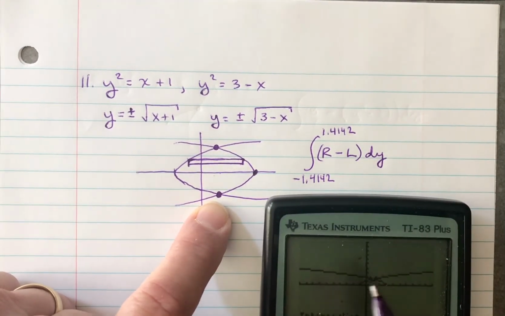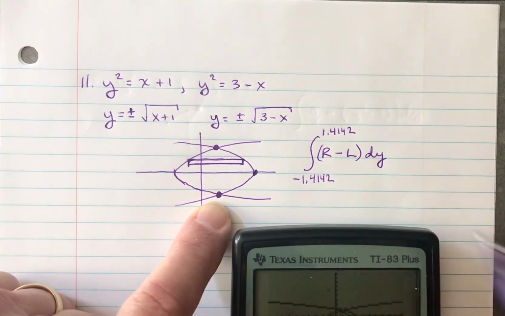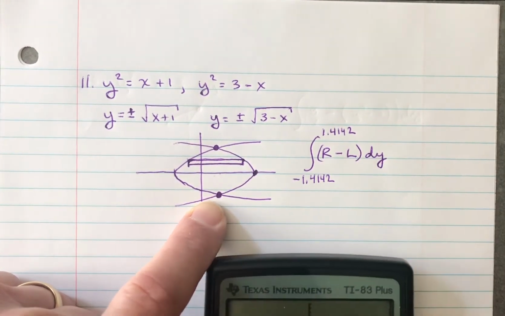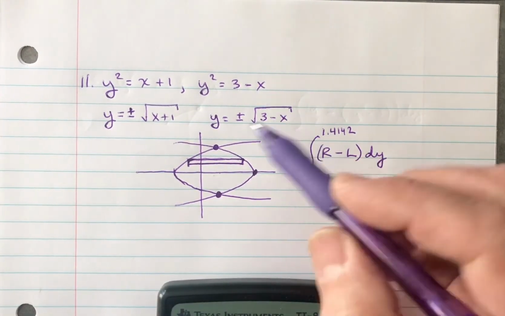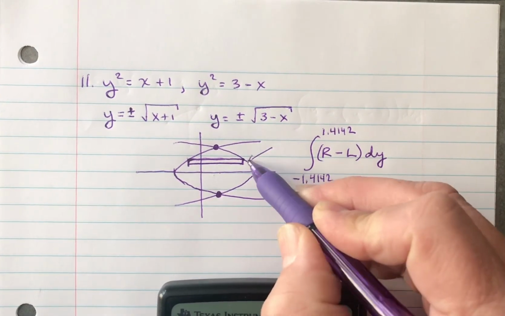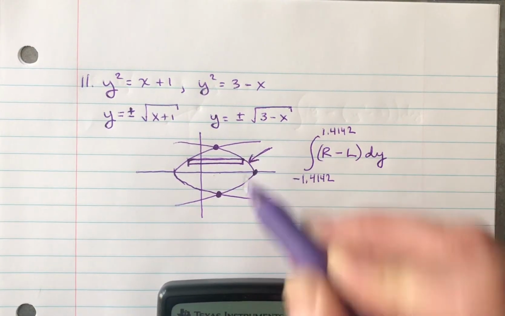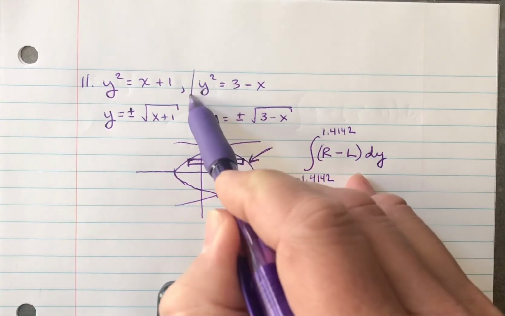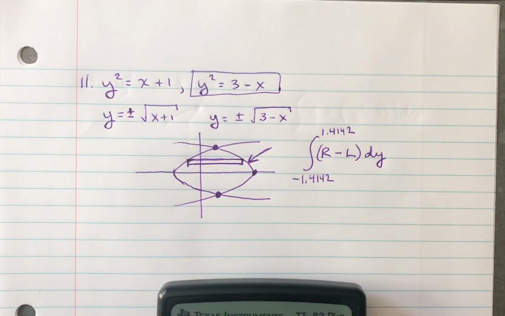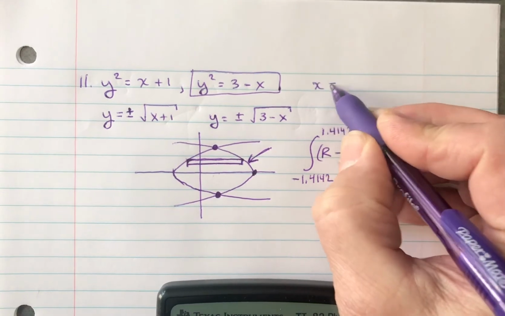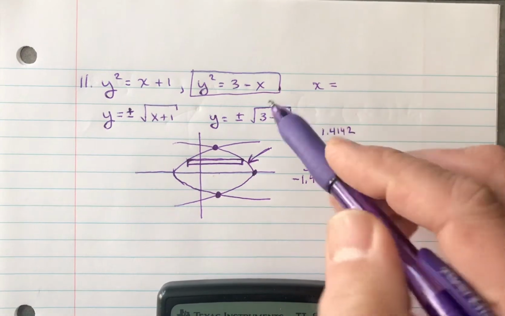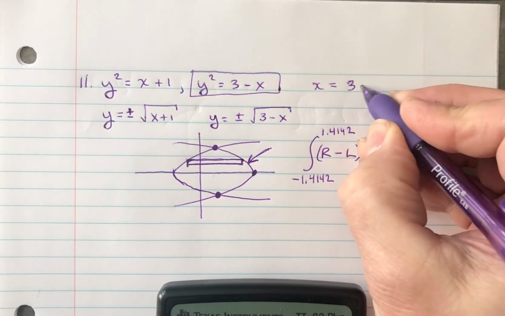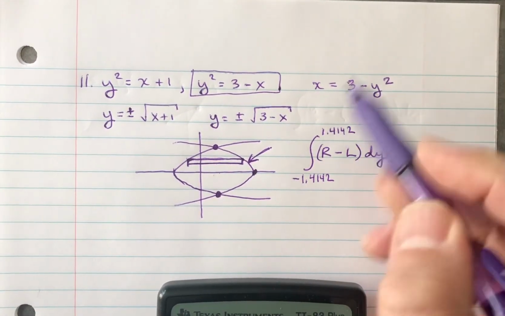Now, if you want to verify that, you can graph the other parts of the parabolas, and you can actually verify that. Okay, now the next part's a little bit tricky because this parabola on its side comes from this equation. So if I rewrite that equation to get the x value, x is going to be equal to 3 minus y squared.